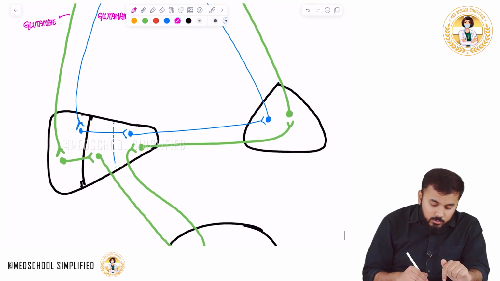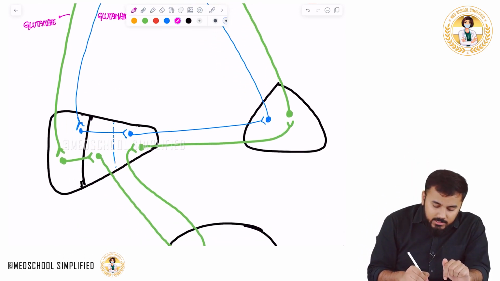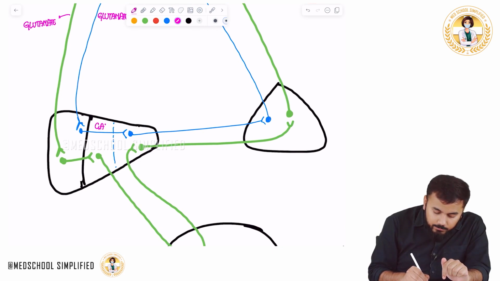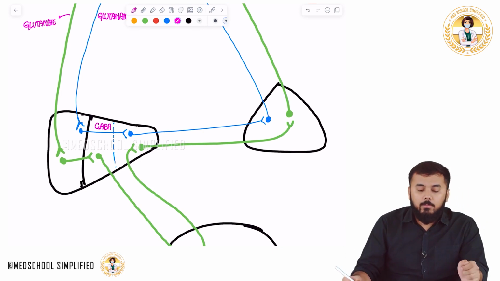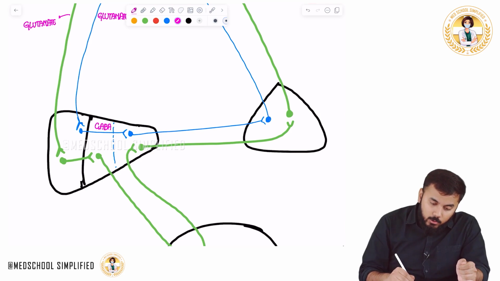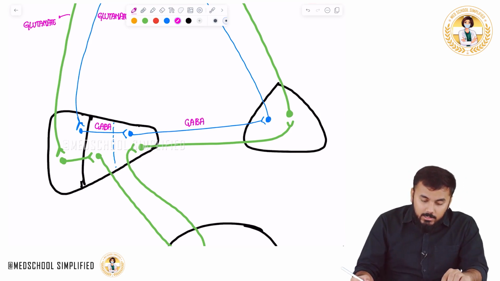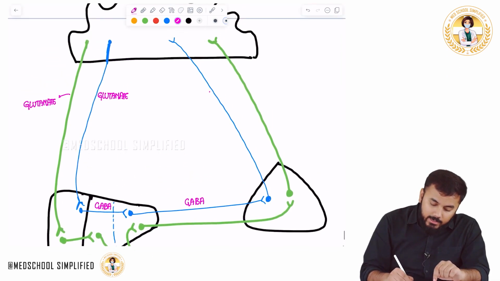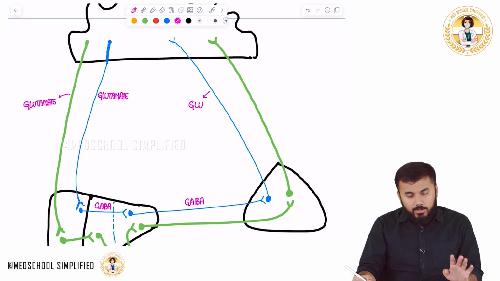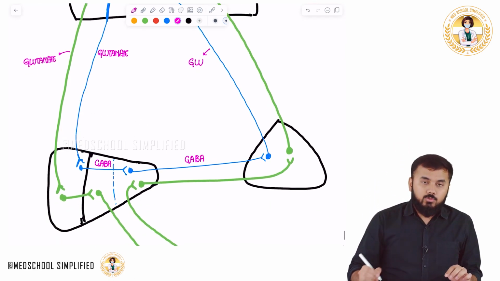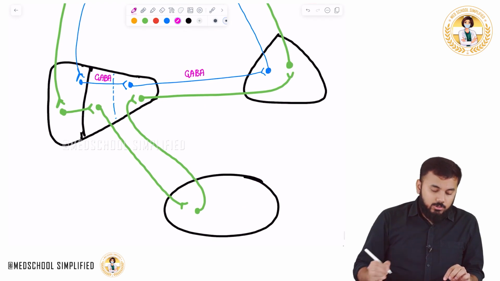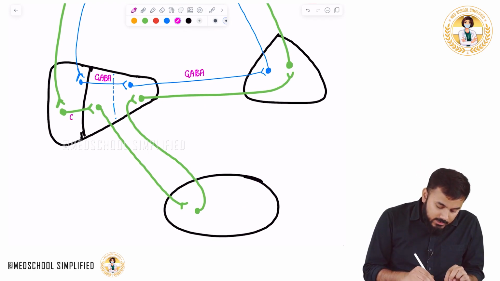Now, after that, you see the second neuron over here. This second neuron releases GABA. And next, the third blue neuron also releases GABA. Next, the next neuron over here releases glutamate. Now, look at the next one. What does this neuron release here? This releases GABA.